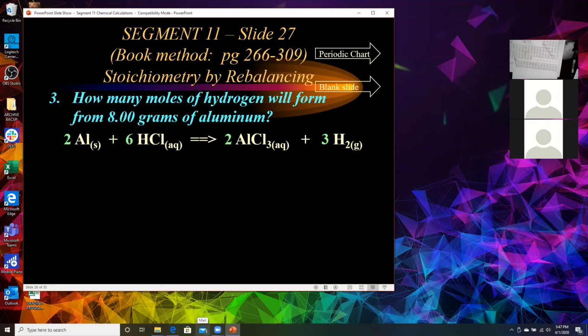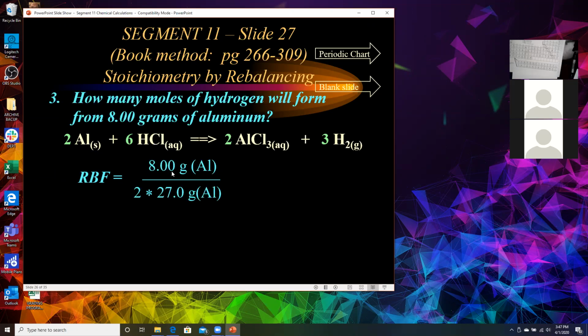How many moles of hydrogen will form from reacting 8 grams of aluminum? Okay, here's my rebalancing problem. The problem gave me 8 grams of aluminum. I want to show the number of grams of aluminum in the balanced equation. Well, that's 2 times 27.